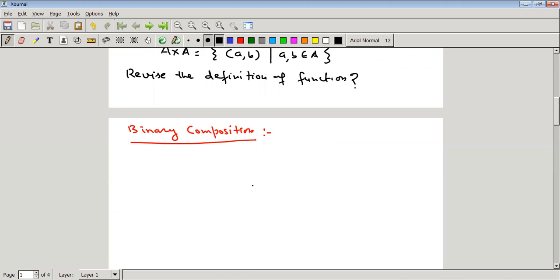Okay. So binary composition: let G be a non-empty set.